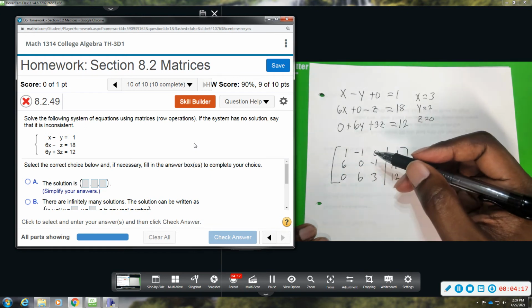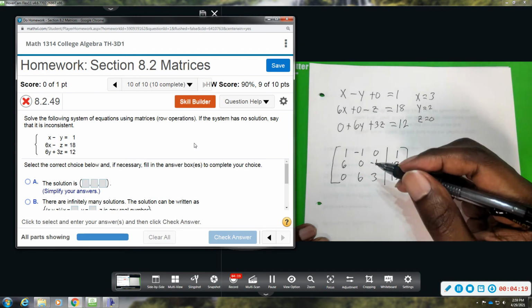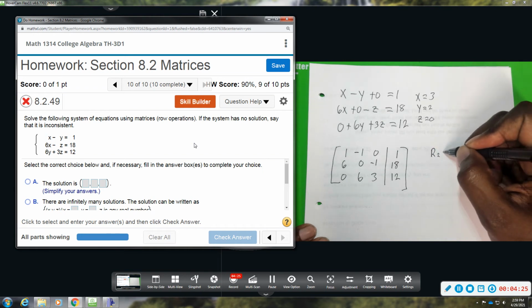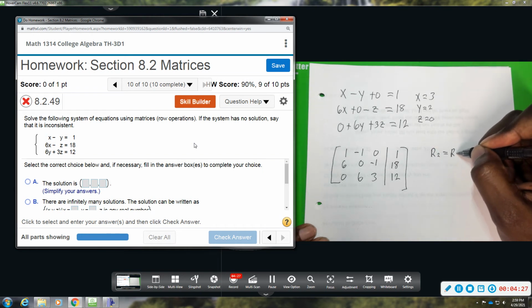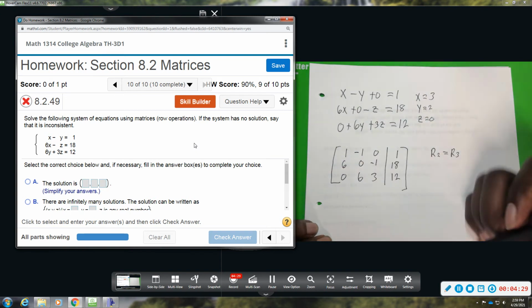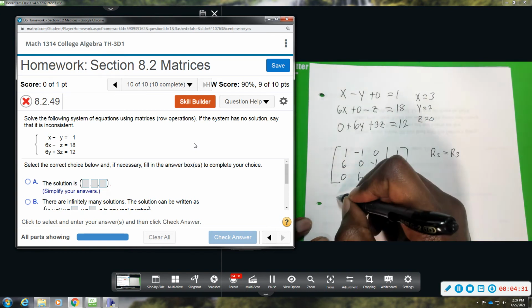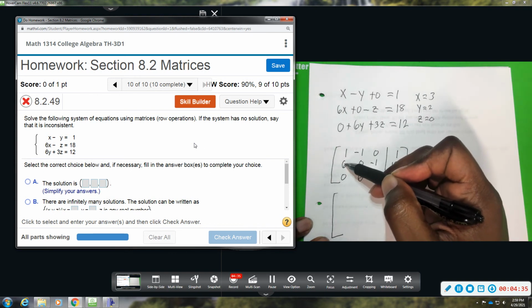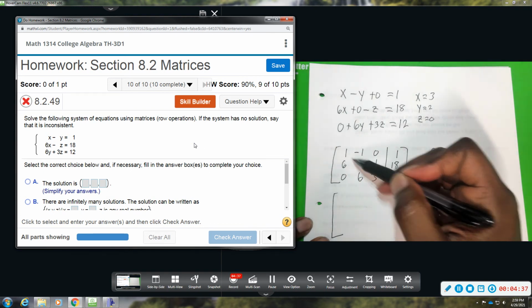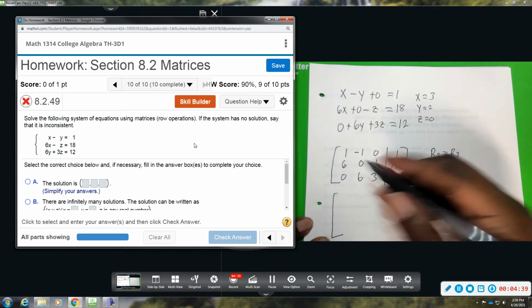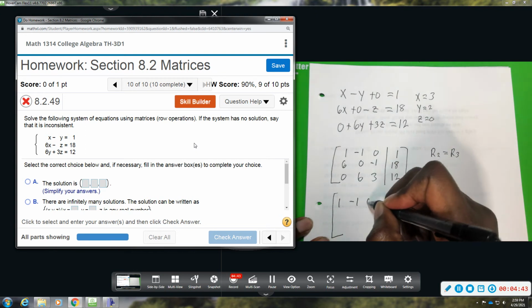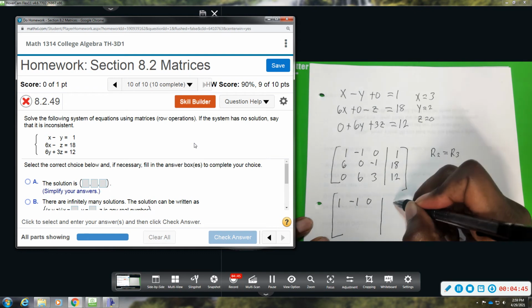I'm going to say row 2 equals row 3. So first I'm going to swap these 2 rows, okay? The reason I'm doing that is because I want that 0 here and I want that number to be here. I need 1s, and so we can just do that if we need. You can swap rows. There's a lot of different operations we can do.